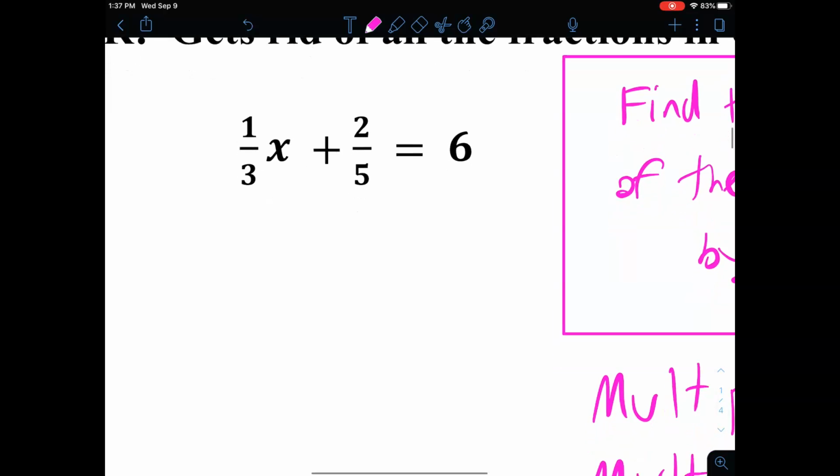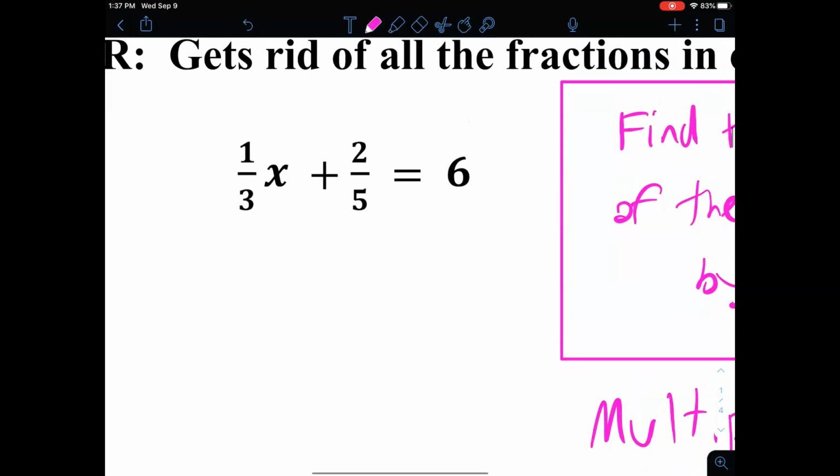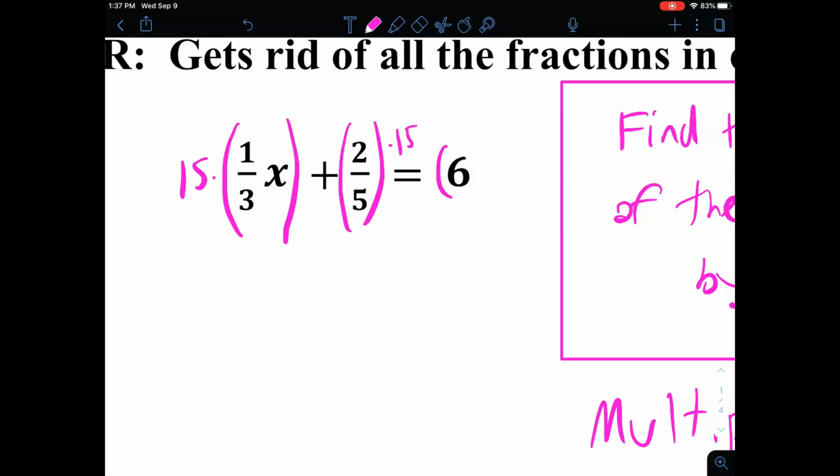So we're going to multiply, and you'll see why this is so nice, but we're going to multiply in each term by the least common multiple, which is 15. And that is going to bust our fractions and get them out of here. All right? So we're going to multiply this, multiplying 15 times 1/3, 15 over 1 times 1/3.